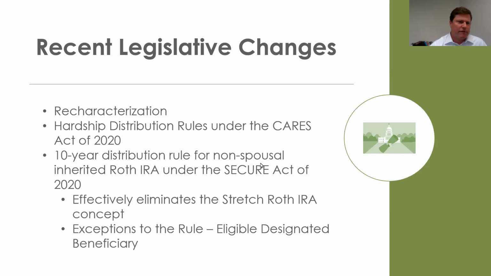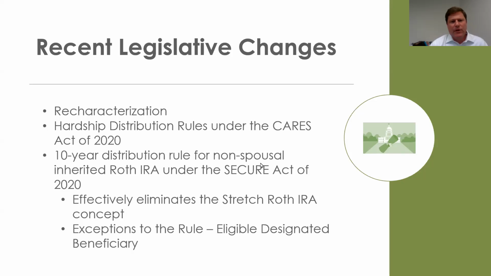And the one we see the most often, and that will probably affect our clients the most, is going to be the 10-year distribution rule for non-spousal inherited Roth IRAs. So the Secure Act, also a new act that came out this year, effectively eliminates the stretch Roth IRA concept.